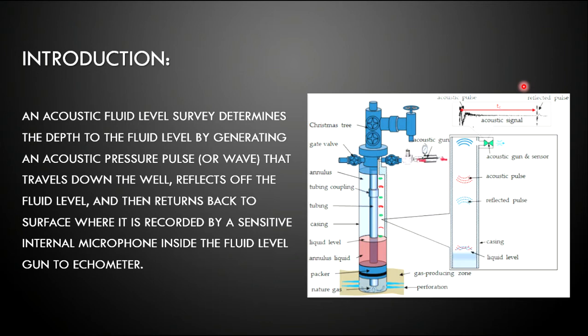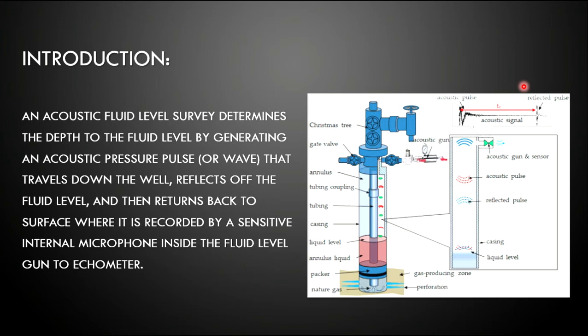Introduction itself. What is it, the instrument that we use or the operation itself? We call it the acoustic fluid level survey. It determines the depth of fluid levels by generating an acoustic pressure force that travels down the wells, reflects off the fluids, and then returns back to the surface where it is recorded by sensitive internal microphones inside the fluid level gun connected to the Echometer. The Echometer brings it out in the form of strips.